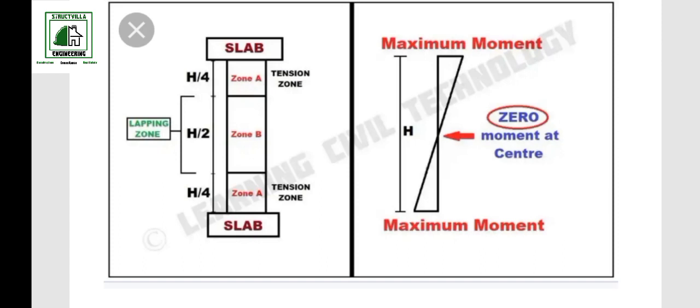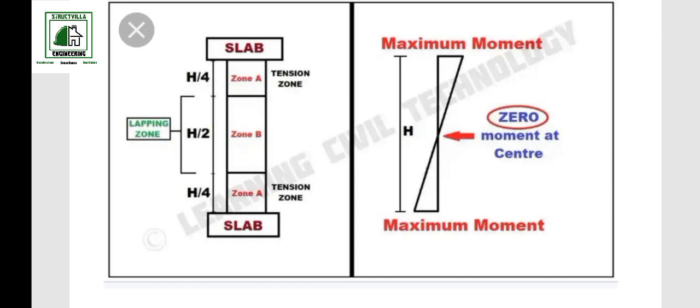So 4 over 4, our zone A in this particular diagram will be 1 meter. So if you want to introduce laps to this particular column, our starter bars will need to be up to 1.5 meters high or up to 2 meters high, so that they are able to exceed zone A and get into zone B, where it will be safe for us to lap our reinforcement.